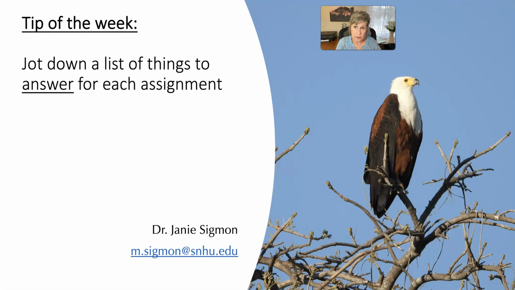Just write down the items that you have to cover. If you don't do this and you try to do this from memory after you read the guidelines, you may miss something. If you miss something, that's going to be part of your assignment that's not there, and I will have to count off for that. So that's why I say jot down a list of things to answer for each one of your assignments.